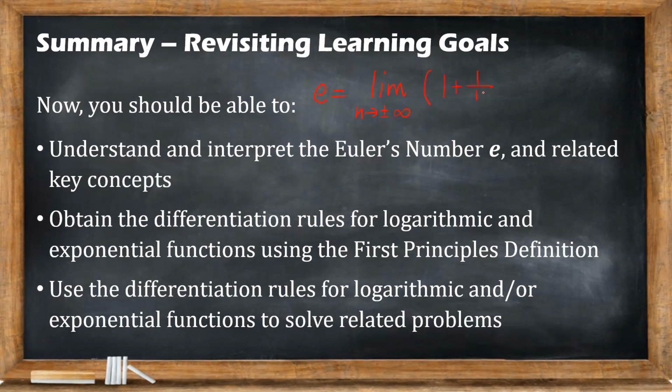This is Euler's number. And actually, we use this expression to help us find the differentiation rules for logarithmic function first. And then we studied the relationship of the first derivative of the inverse functions. Then use that conclusion to find the derivative of the exponential function, right?